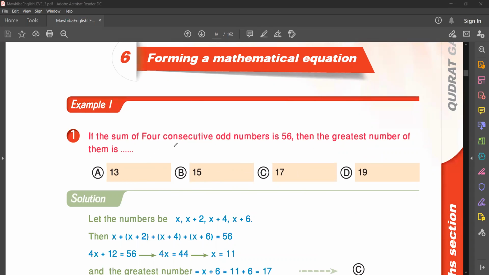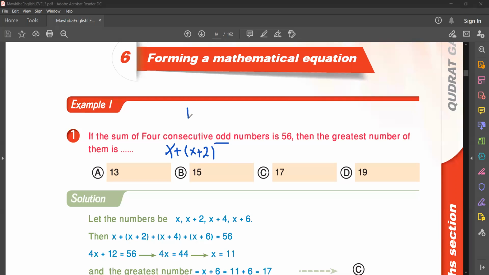We suppose the first number is X. Because we have odd numbers and consecutive numbers, what is the difference between one number and another? Only the difference is plus 2, right? Because odd numbers are like this.